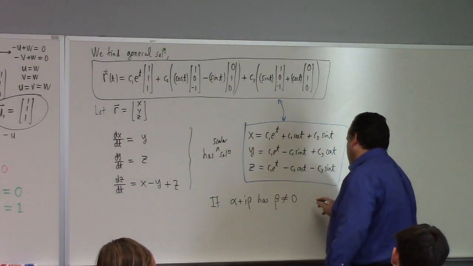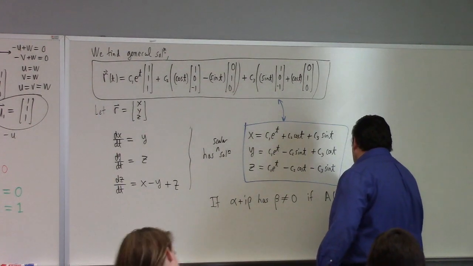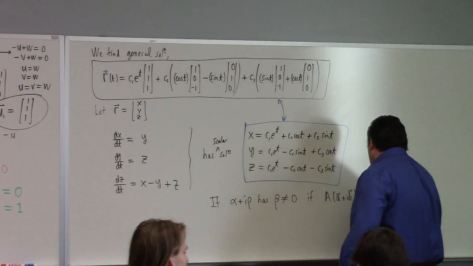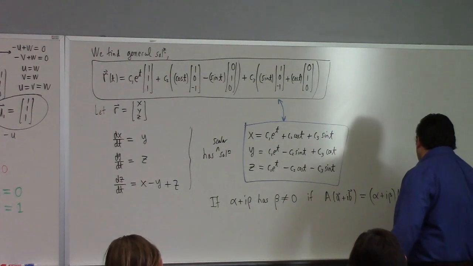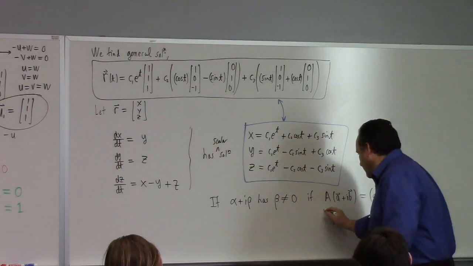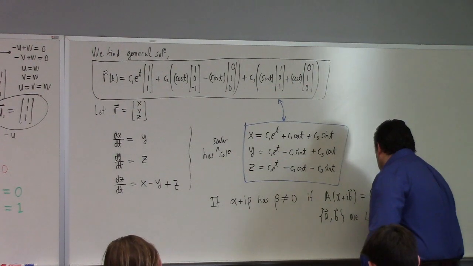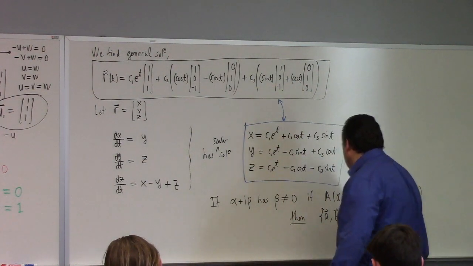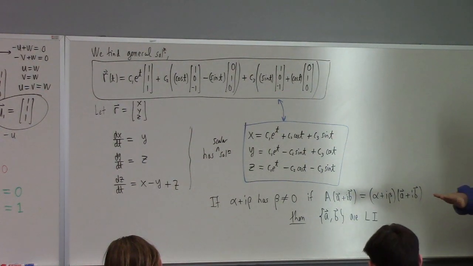If we have A times a vector a plus i b equal to alpha plus i beta times a plus i b, it is a theorem of linear algebra that the vector a and the vector b are linearly independent. The real and the imaginary part of a complex eigenvector are necessarily linearly independent. As such, what you're worried about, namely that a and b are a multiple of each other, thankfully that doesn't happen. That's a good concern to have.